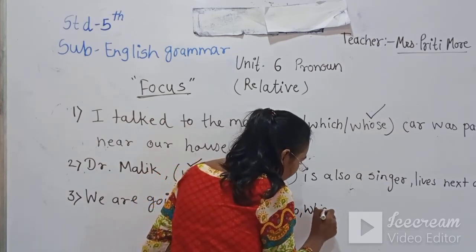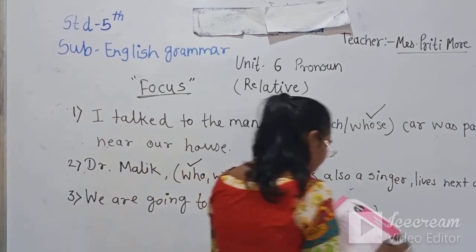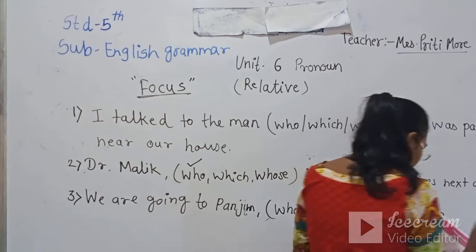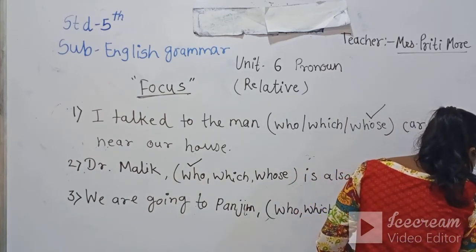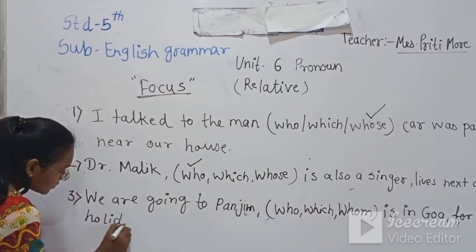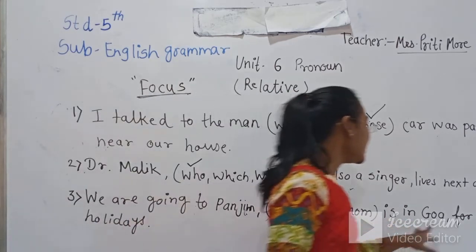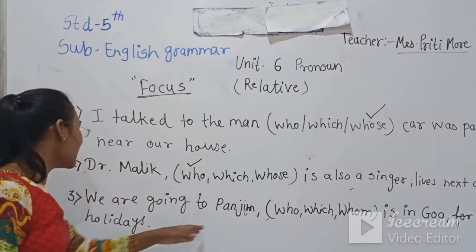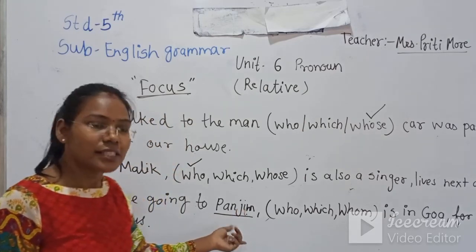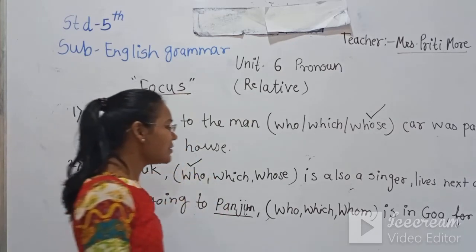Panjim ___ is in Goa for our holidays. Now see, we are going to Panjim, which is in Goa for our holiday. This sentence is telling us about Panjim, and this is a place. For a place or a non-living thing we use, obviously, which.